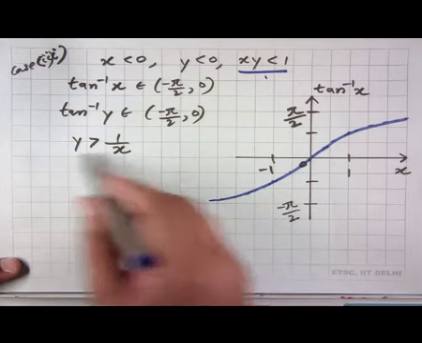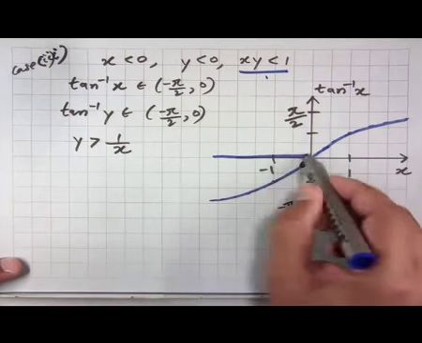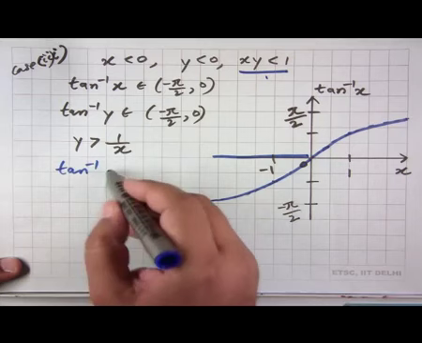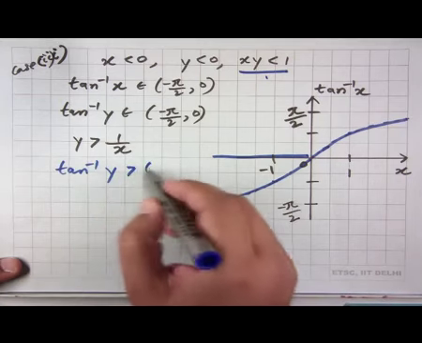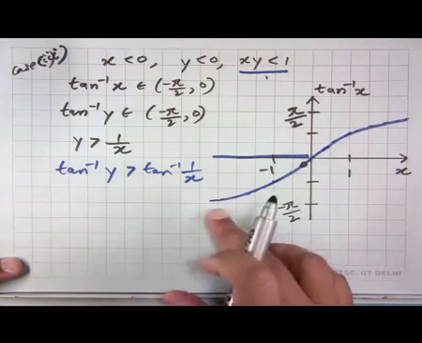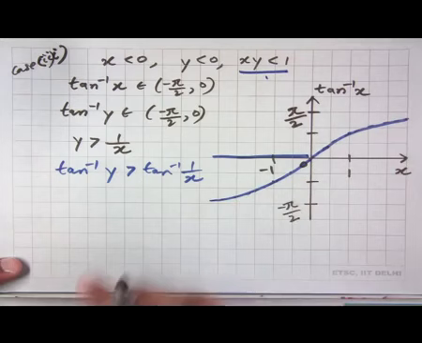And then from this condition, we are now basically on the negative side of the horizontal axis. So we get tan inverse y is greater than tan inverse 1 over x, because the tan inverse function is monotonically increasing with x, as can be seen from this graph here.